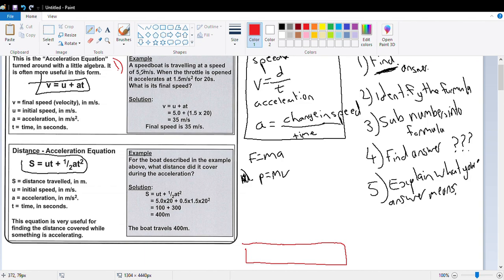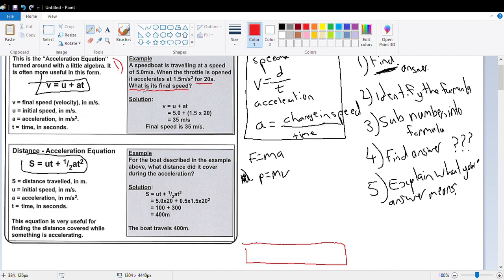So after 1 second, it travels 5 meters, 2 seconds, 10 meters, 3 seconds, 15 meters, and so on. When we open up the throttle, it speeds up, it accelerates, and the speedo goes up by 1.5 every single second. The acceleration is 1.5 meters per second squared, and it keeps doing this for 20 seconds. What is the final speed?